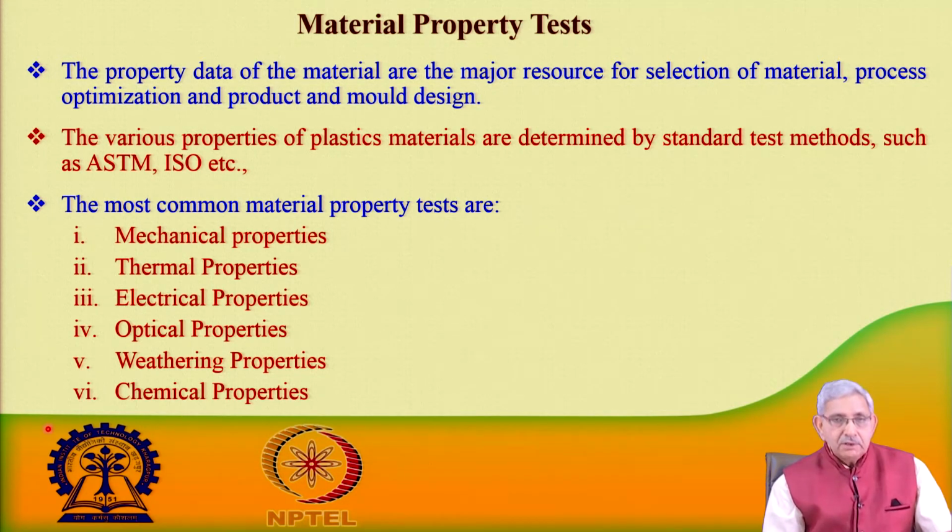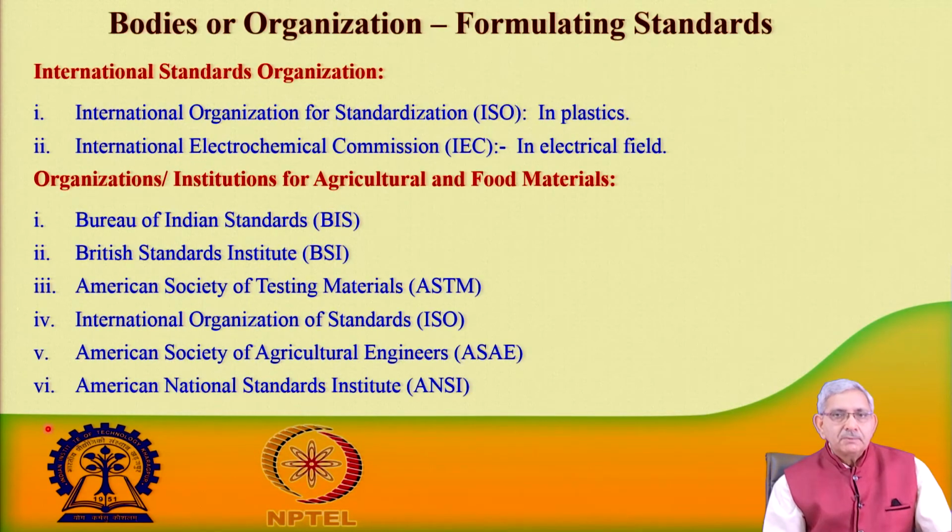These properties could be mechanical behavior, thermal behavior, and electrical behavior. We test how opaque the material is, how its optical property varies, and from the weathering point of view, how fast it is getting weathered or deteriorated. So, weathering and chemical properties are the properties used for testing.